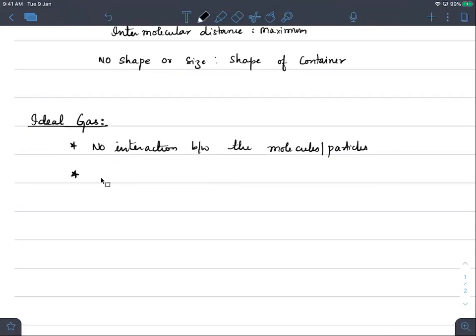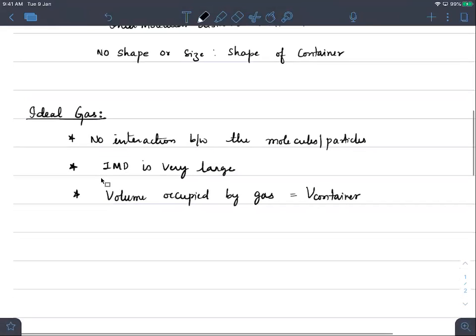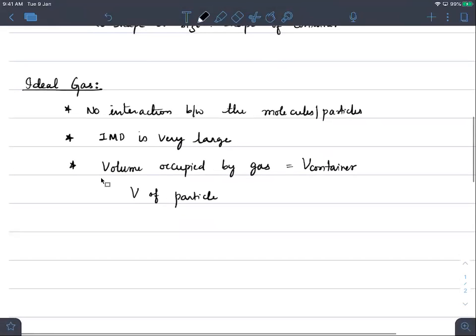Other important assumptions when it comes to ideal gas is intermolecular distance is very large or maximum, and because of which the volume occupied by gas, which will be normally written as volume of the container, and volume of the particle as compared to that of volume of the container is too small.